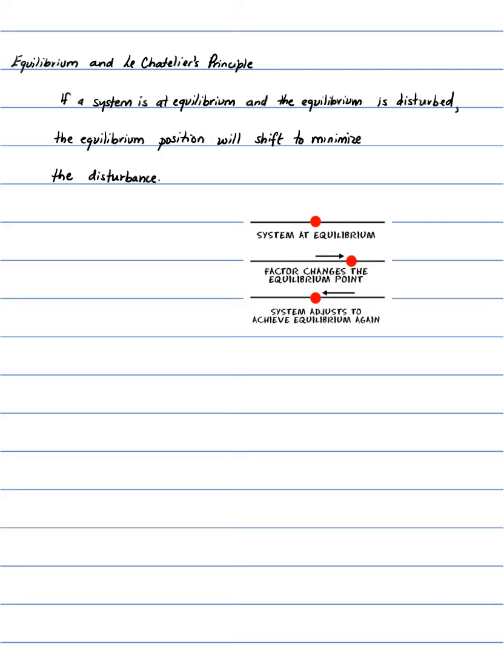So I'm going to try to do a very simple example here so you can see how the equilibrium is affected by changes and how we apply Le Chatelier's principle to predict how those changes are affecting the equilibrium. I'm going to put here R for reactant, P for product.